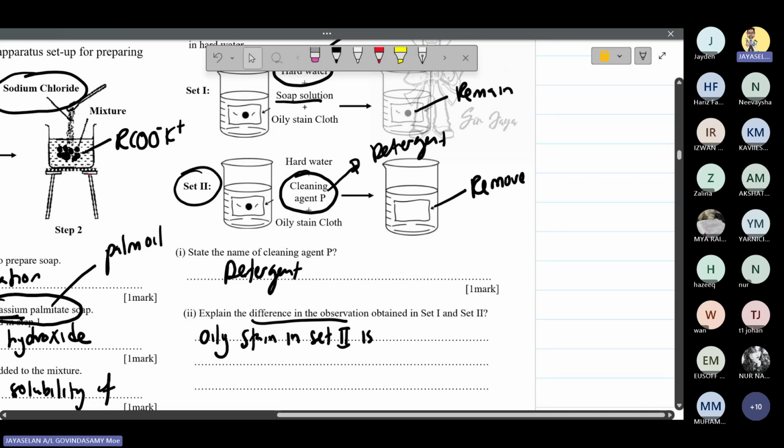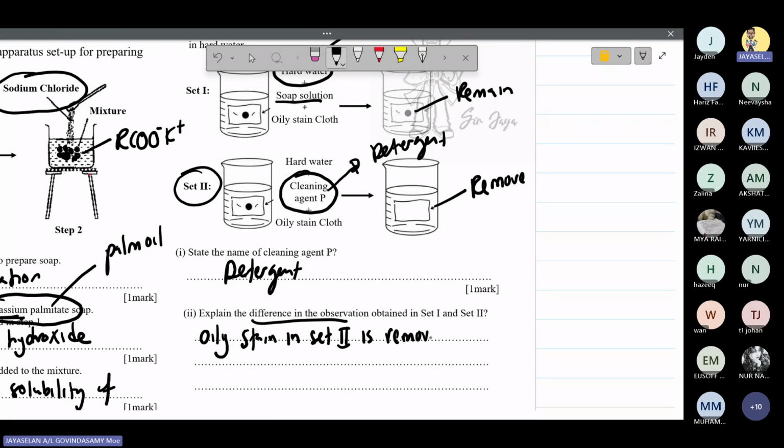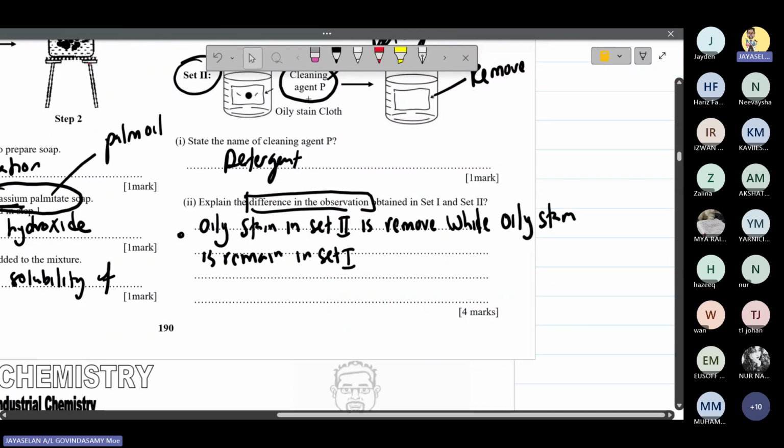Saya nak dia hilang. So, oily stain is remove in set 2, while oily stain is remain in set 1. So, saya dah compare observation. Satu markah.